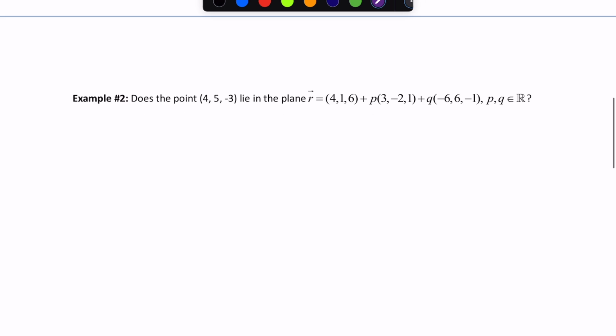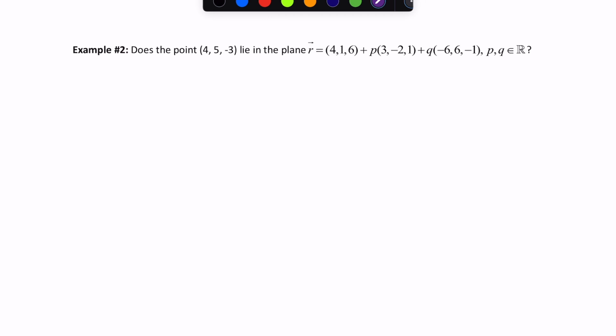Okay, so example number 2 says, does the point 4, 5, and -3 lie in the plane vector r is equal to 4, 1, 6 plus p 3, -2, 1 plus q -6, 6, and -1, where p and q are an element of real numbers.